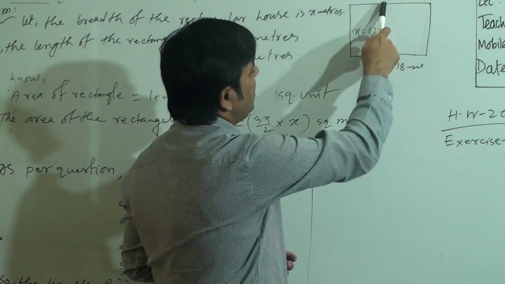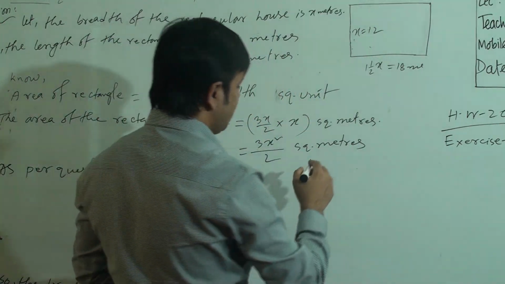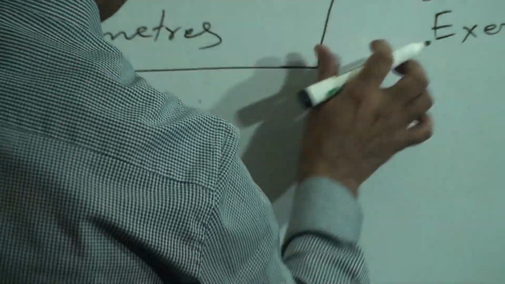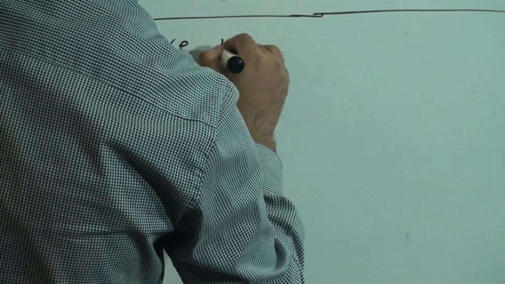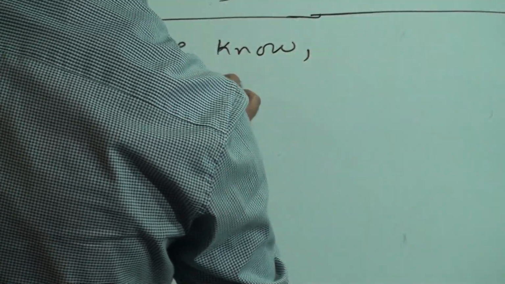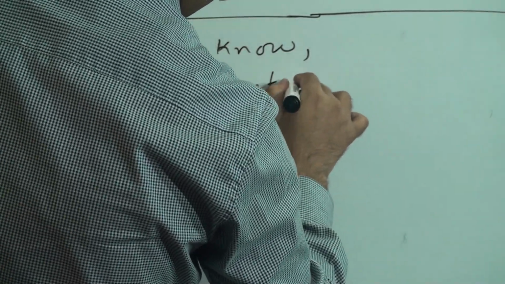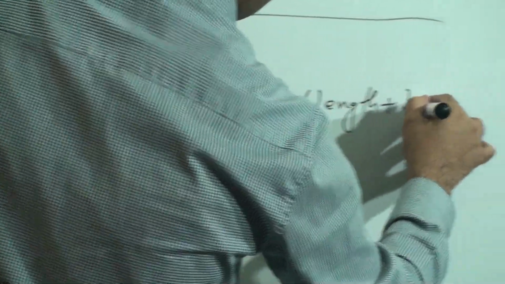So here 2 lengths and 2 breadths, and we know the formula of the perimeter is, perimeter of rectangle equals 2 into length plus breadth.